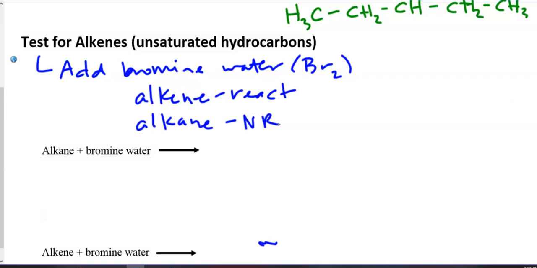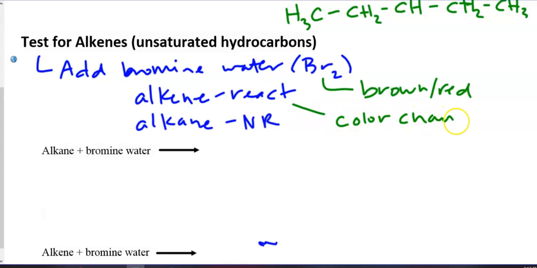How we know that is there's a color change. Bromine water is a brown red color. If it reacts, there will be a color change. If it doesn't react, there will be no color change.